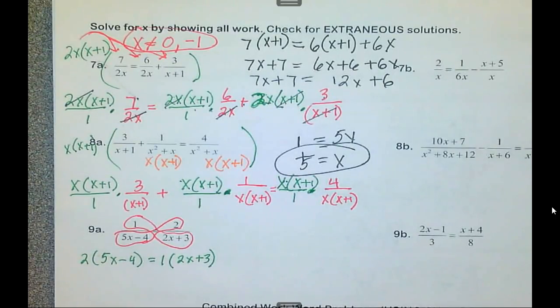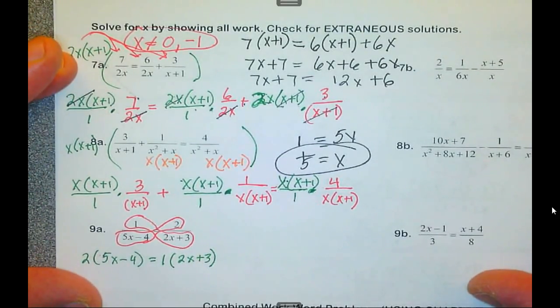This whole course, I'm not doing it points per problem. I'm doing it by how many conceptual errors you're making per section. This would be one section, solving rational equations.